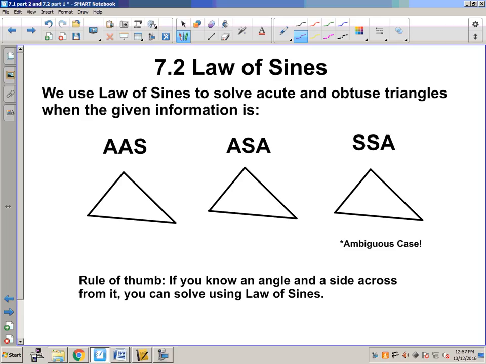It depends on the information that you're given. The way these problems typically work is you're given information about 3 parts of a triangle. By the way, there are 6 different quantities inside of a triangle: 3 side lengths and 3 angle measures, right? So typically you'll get a problem where they give you 3 of those pieces, and your job will be to solve for the other 3.